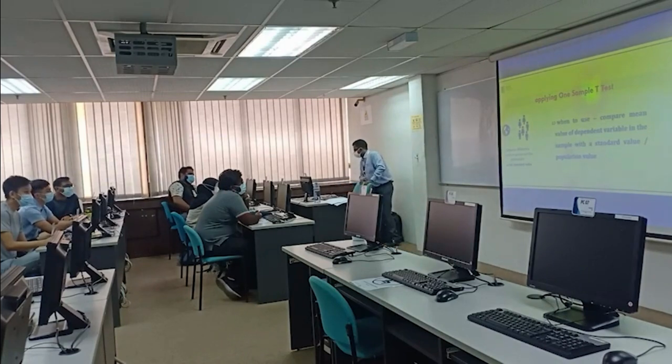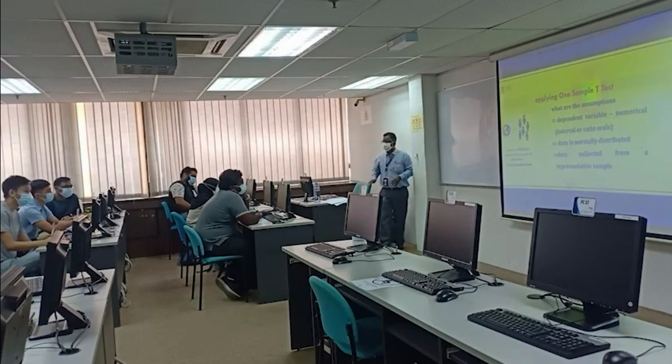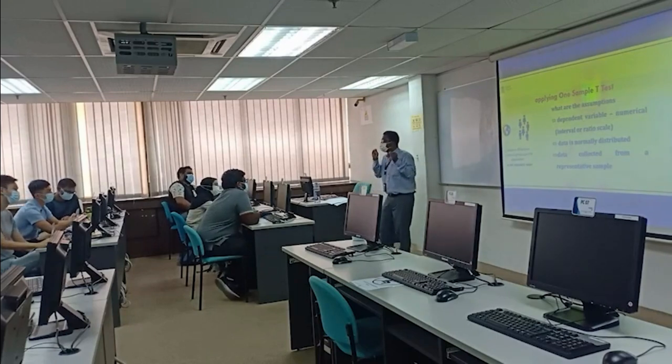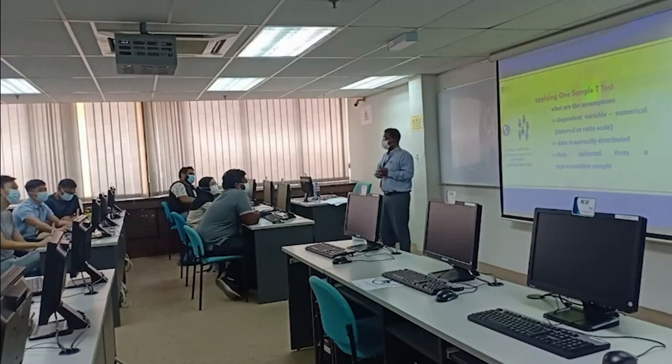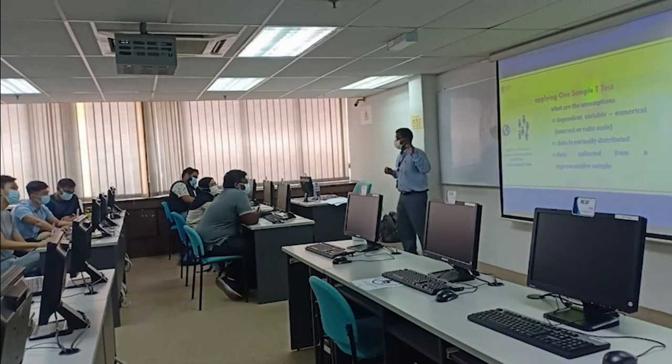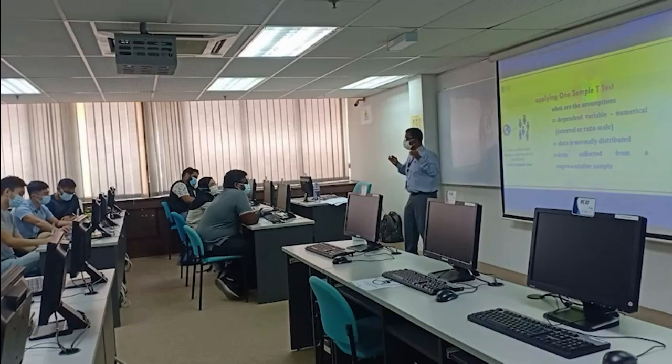What are the assumptions? As Fatin told earlier, data should be normally distributed. That is one assumption for one sample t-test. Okay. The dependent variable should be numerical also. What type of numerical? It can be interval scale or ratio scale. Interval scale means the interval is exactly measurable.